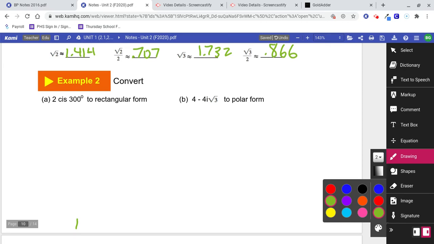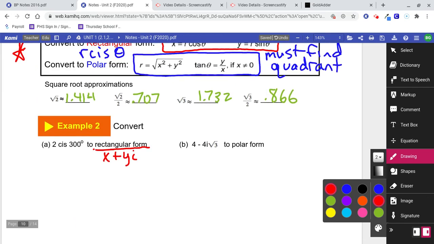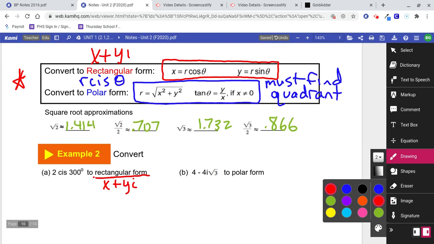Example 2, we want to convert 2 cis 300 degrees to rectangular form. So this is the one that we like doing. Rectangular form is x plus y i. In other words, I need an x number and a y number. I'm going to use those red formulas up there. I notice that I've got r and theta, but I want x and y.